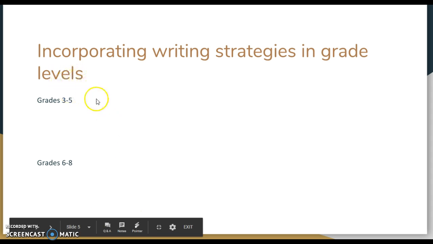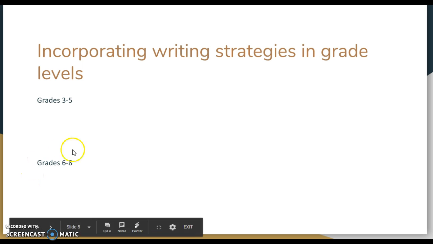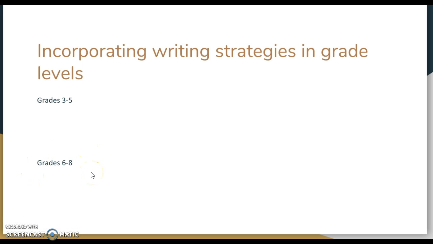So I would just briefly talk about the goals within each grade level, grades 3 to 5 and grades 6 through 8, so that teachers are aware of how knowledgeable their students should be with the writing strategy that their students are utilizing. And this goes for capable writers and less capable writers. They should all be aware of the writing strategy that they are using.